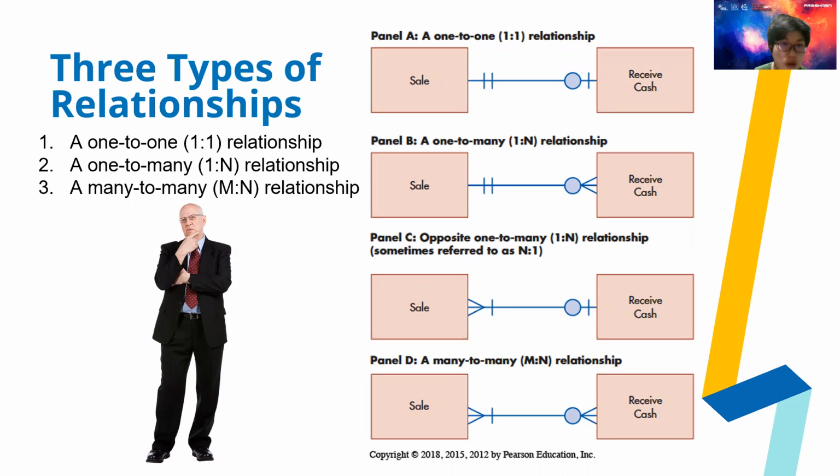Panel A, a one-to-one relationship, sell to receive cash. Panel B, a one-to-many relationship, sell to receive cash. Panel C, the opposite of one-to-many, or a many-to-many relationship, sell to receive cash.